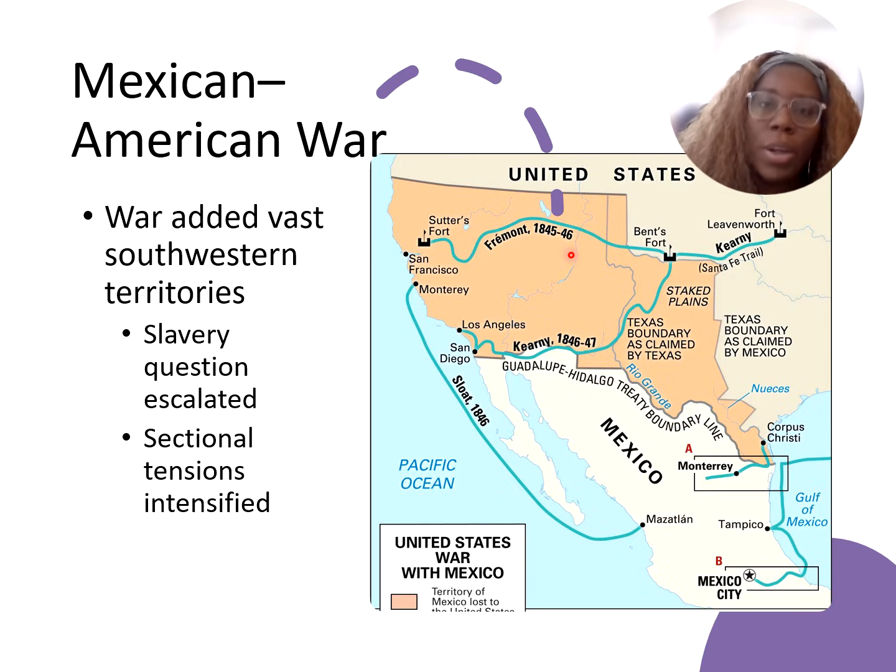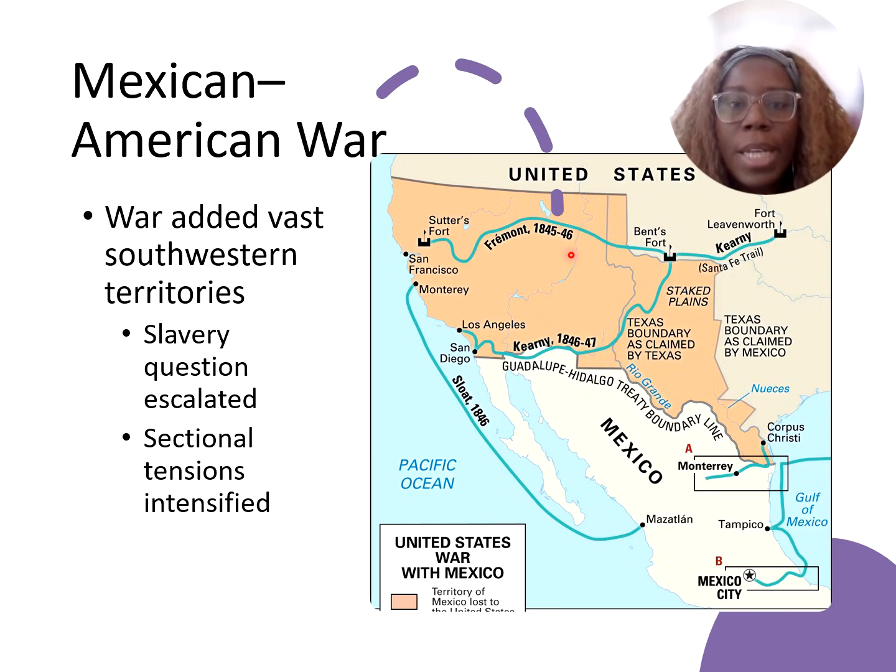Unlike earlier expansions, the sheer size of this land made it impossible to avoid or delay the issue. Now we had more land, and the debate over whether slavery would exist in this land became even more intensified. Every time a new state was admitted, this debate increased. Would this be a slave state or a free state?